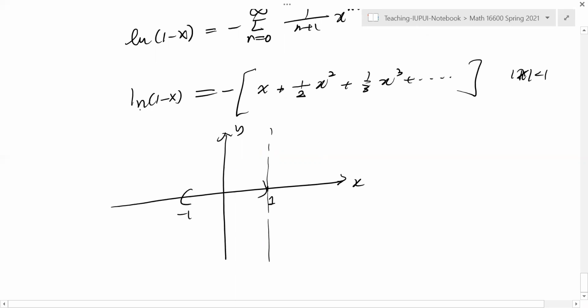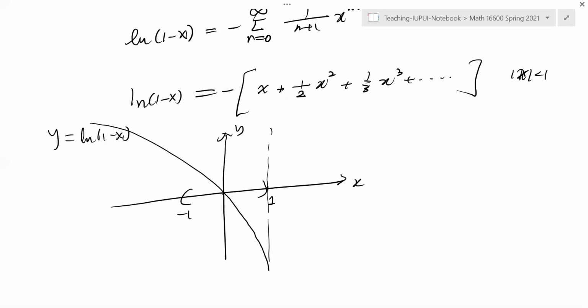The graph of the natural log of 1 over 1 minus x passes through 0 when x equals 0. This is the graph, y equals the natural log of 1 minus x.